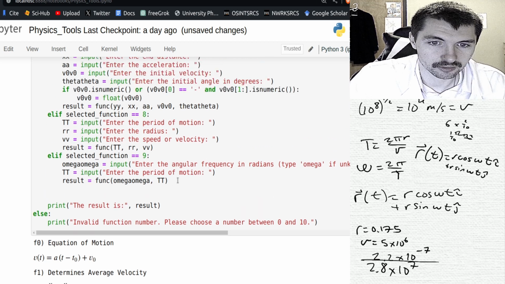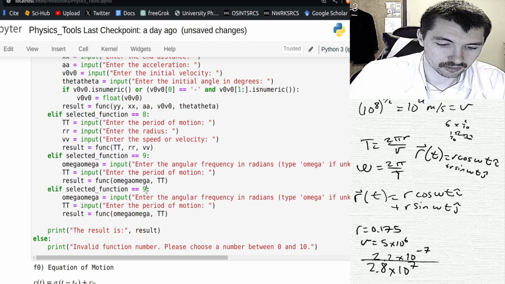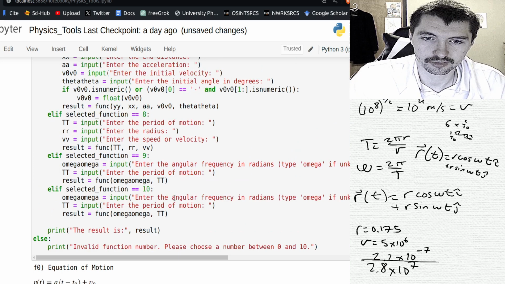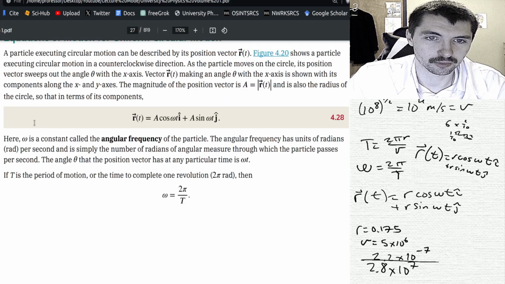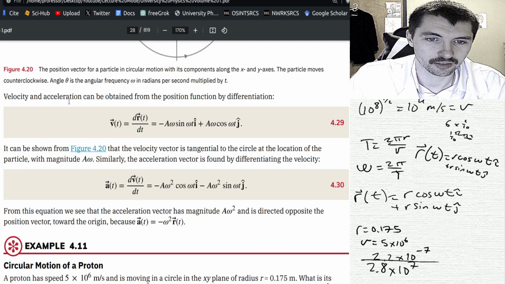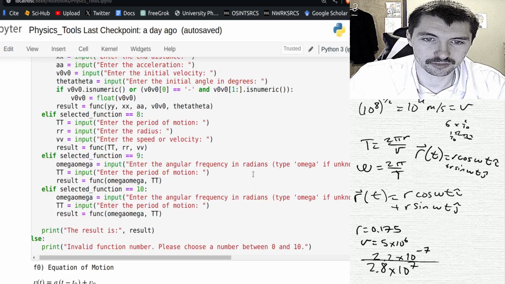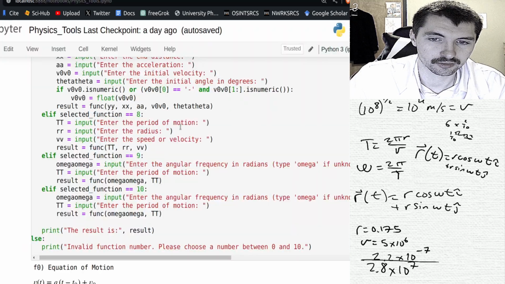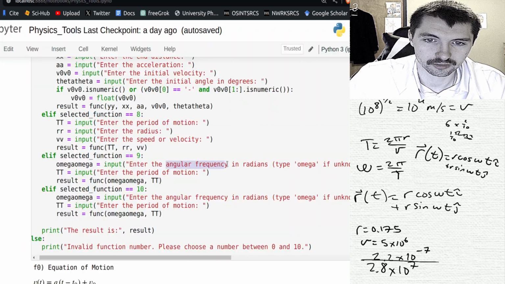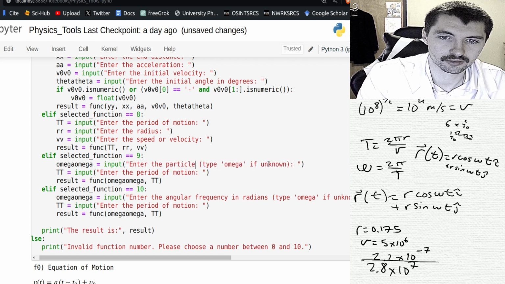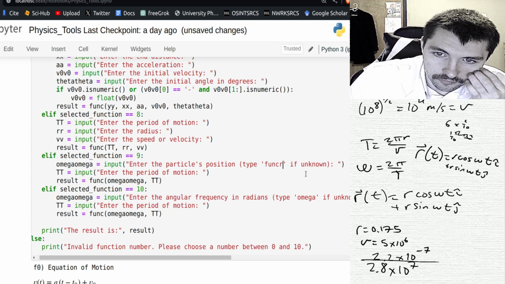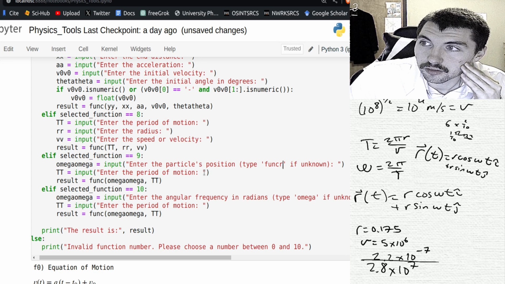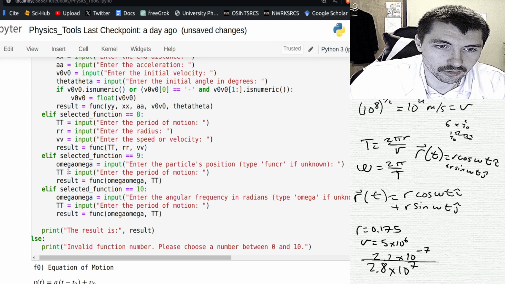Okay, 10. So what is that, the angular frequency, enter the position. Okay, so r. Now we need r.